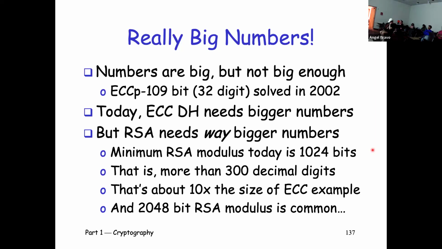Now, what's the takeaway of ECC? Well, ECC normally reduces the number of bits, the way we started this conversation, right? It's the computational size of the numbers involved. They don't need to be as large as those involved in RSA.